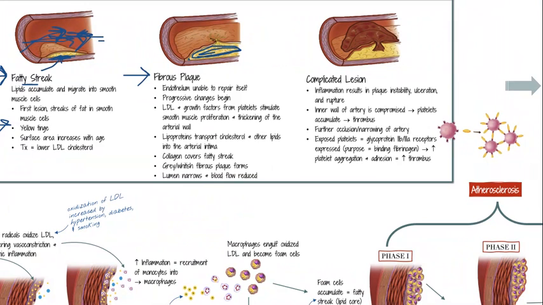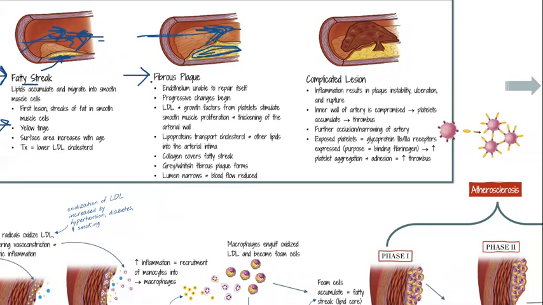So we'll talk about how that stimulates growth factors. But the idea is that the wall of the artery thickens, the blood vessel narrows, and now it's even harder to get anything, your red blood cells with oxygen or what have you, through this lumen.